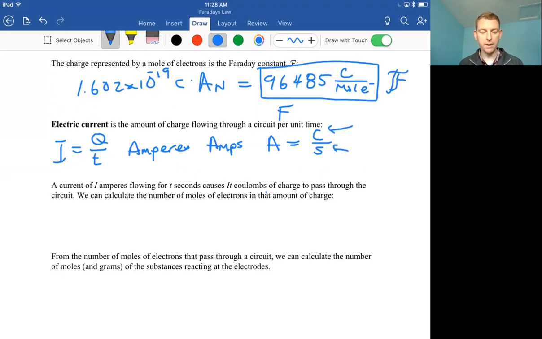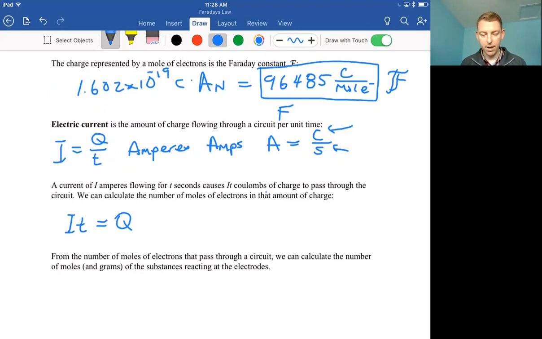So if we have a current of I amperes flowing for T seconds, so many amps flowing for so much time, this is going to give us an amount of charge that's passed through, because we would say coulombs per second multiplied by seconds.